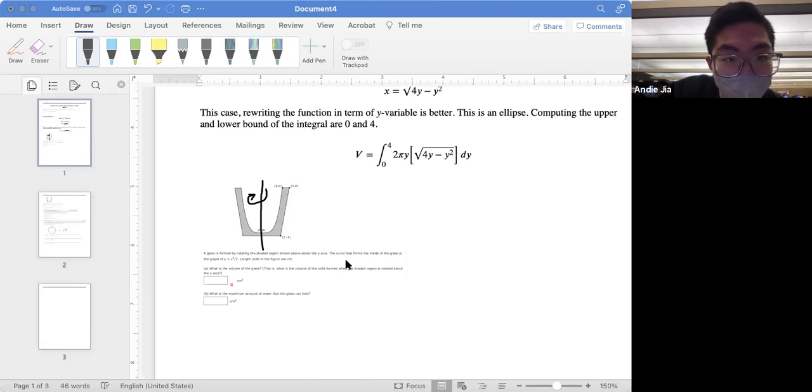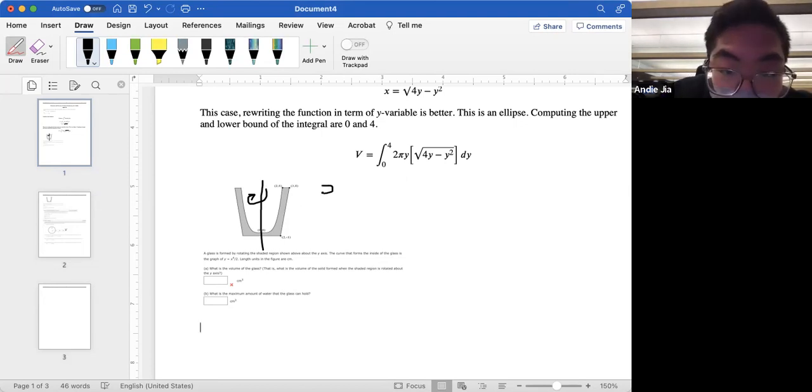we need to find the solid. It has r out and r in, so I think I'm going to use the washer method because there's an outer radius and an inner radius. So we're going to find what r out is and then what r in is.